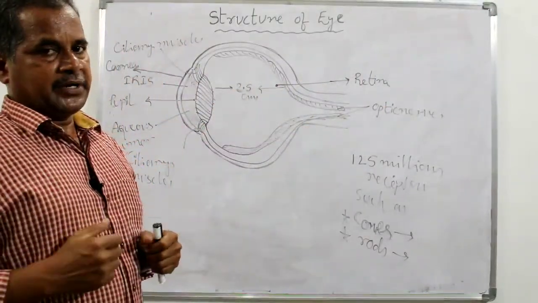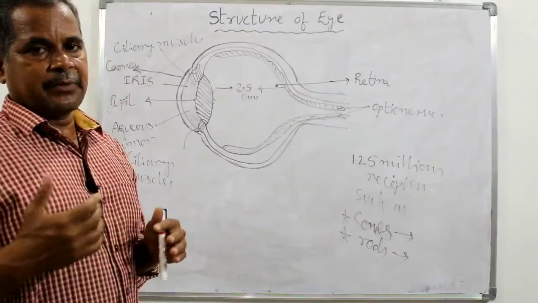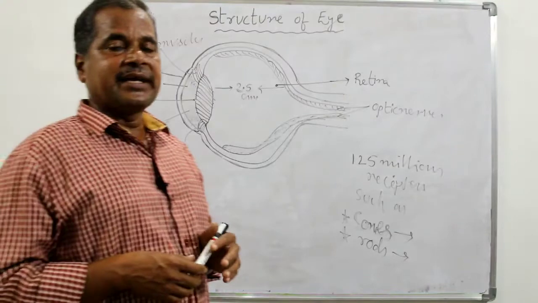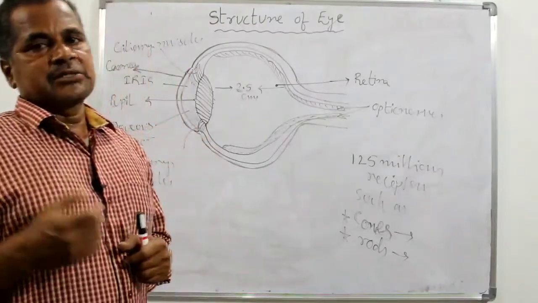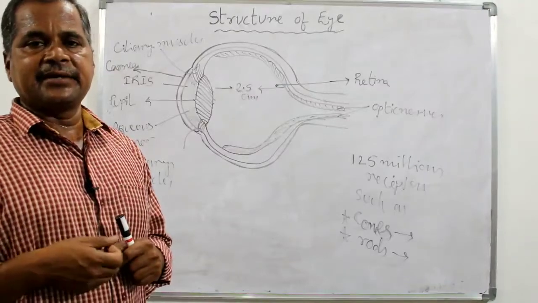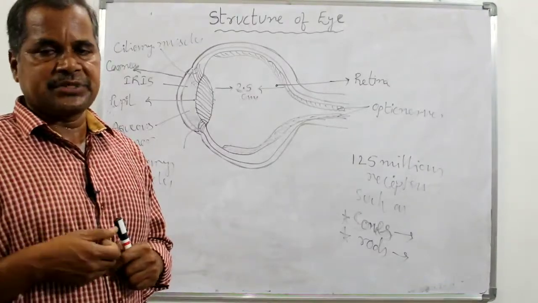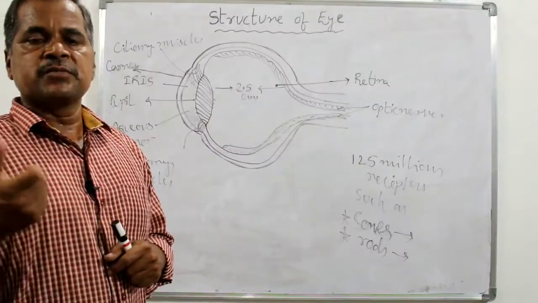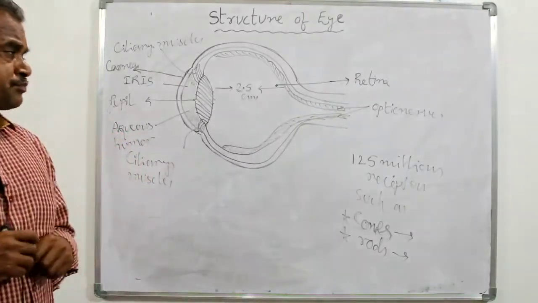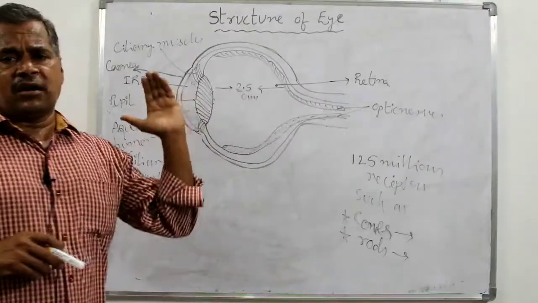In our brain, this information is interpreted and processed so that we perceive the image of any object very clearly, in the same size and the same color.